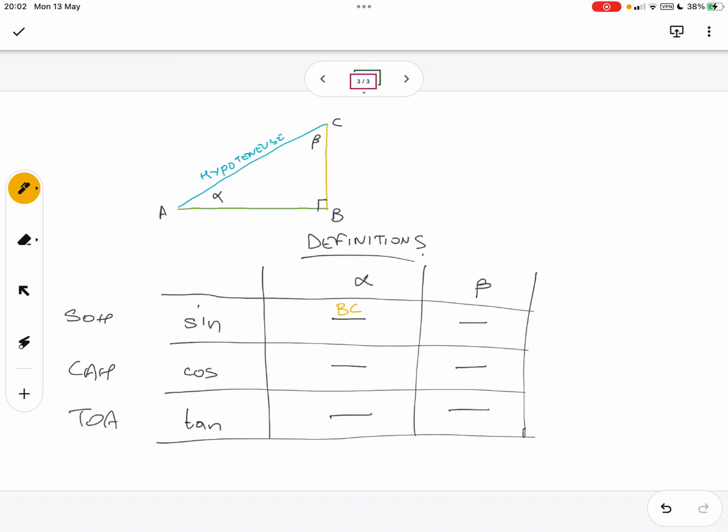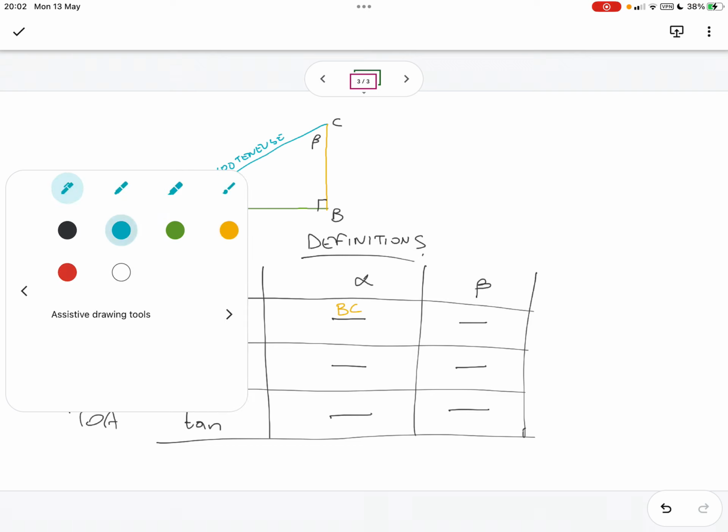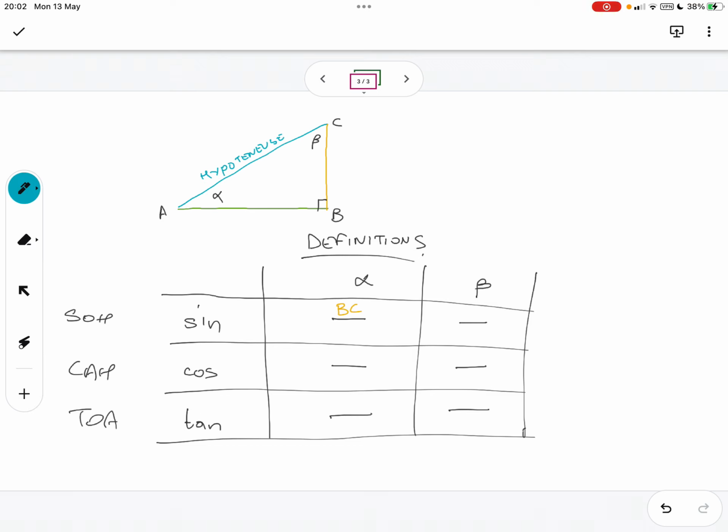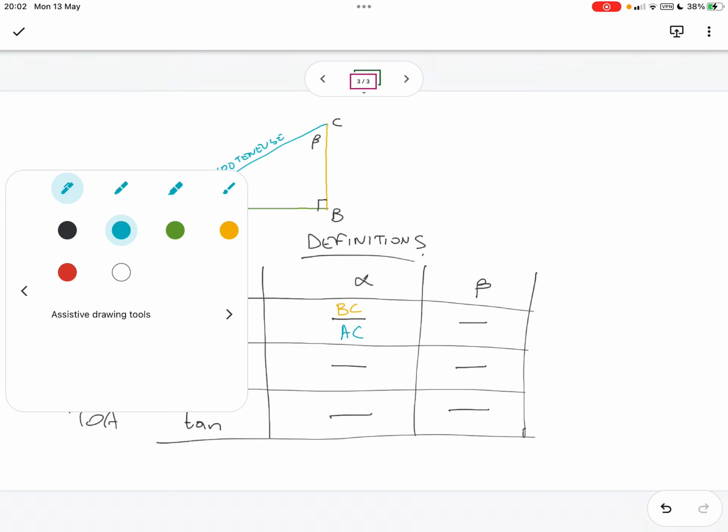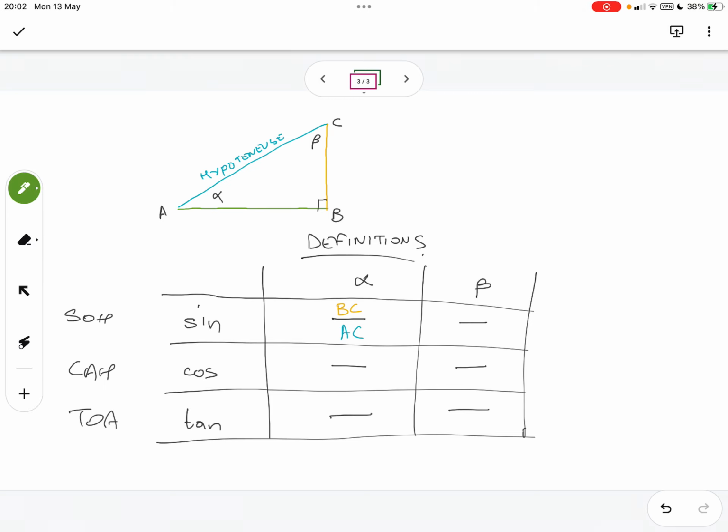The side opposite alpha is BC, but the side opposite beta is AB. And now the definition of sine again is opposite over hypotenuse. Which side should we put as our hypotenuse? It's AC.